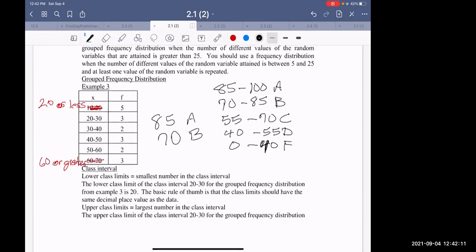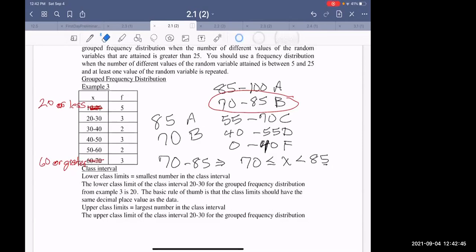Meaning that if I look at this interval, that really means that 70 to 85 means that if X is between 70 and 85, I should get a B. If I got a 70, I still get a B. But if I get an 85, I don't want a B, I want an A. I want it to go to the next class.